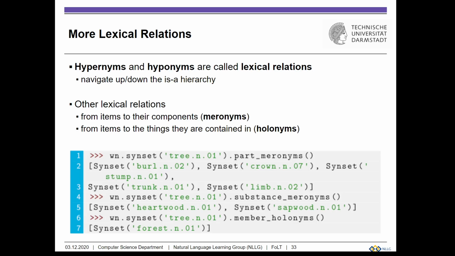Note that linguists know many more lexical semantic relationships between words, and many of those are encoded in WordNet. So with hypernyms and hyponyms, we're going up and down the is-a hierarchy, but we also have relationships of components.